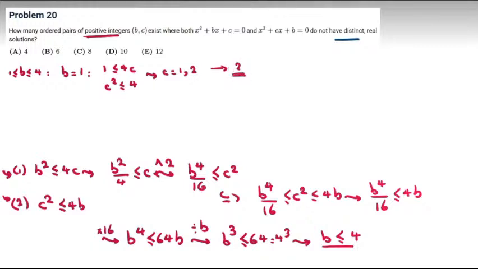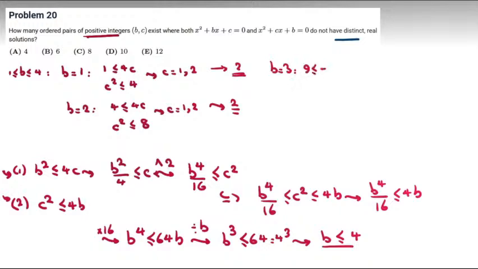Let me write this. If b is 2, if we replace here, 4 will be less than or equal to 4c, c squared less than or equal to 4 times 2, 8. So c can be 1 or 2. So two cases. If b equals 3, 9 less than or equal to 4c, c squared less than or equal to 4 times 3, 12.